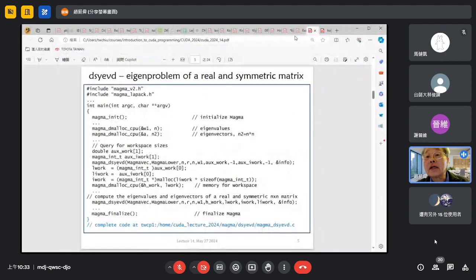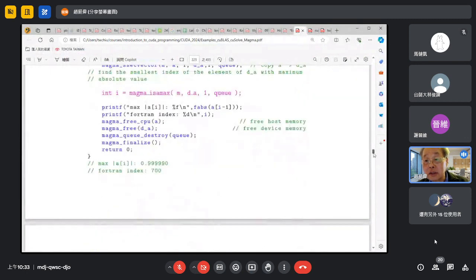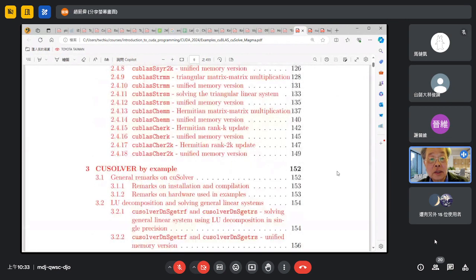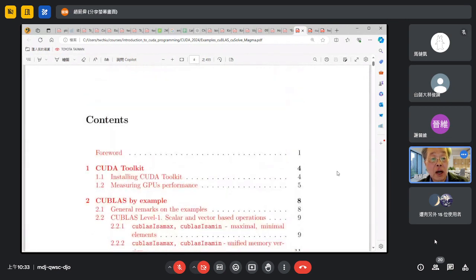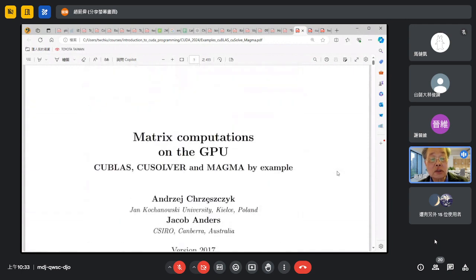So this book, as I told you last time, has examples of calling cuBLAS and then Magma. So this is matrix computation on the GPU: cuBLAS, cuSOLVER, and then Magma.